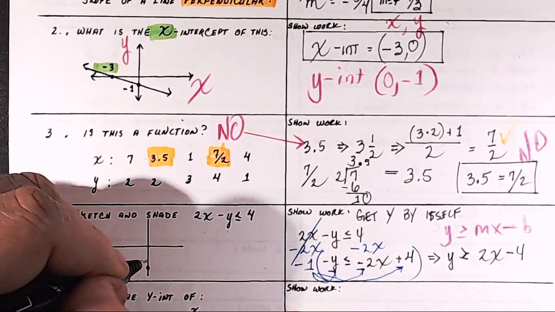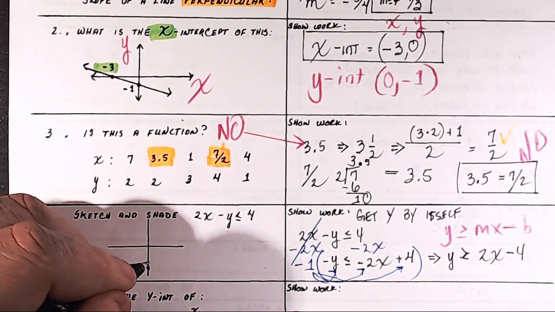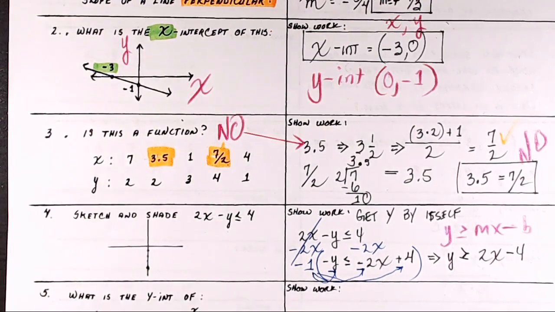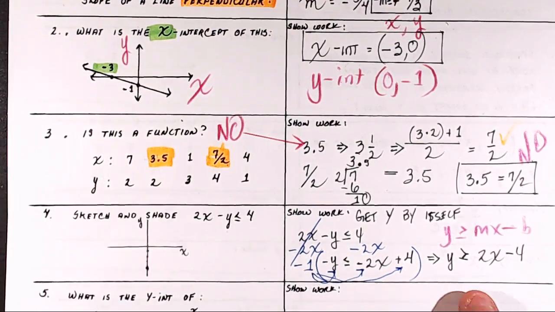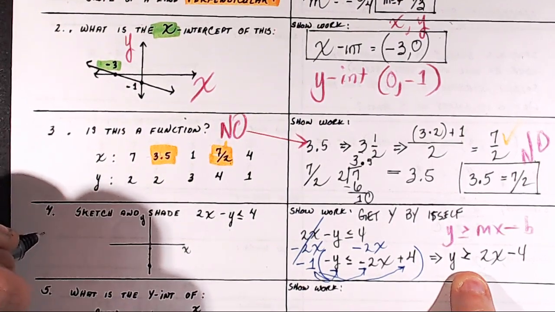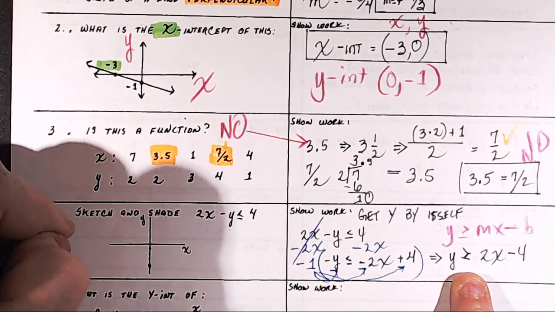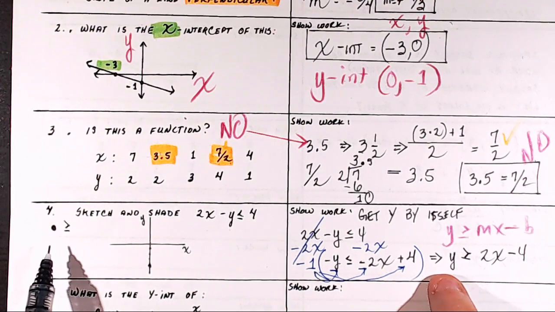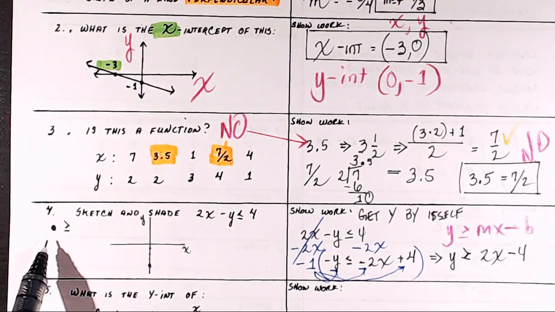So go up 2. If this is negative 4, that's negative 3, negative 2, negative 1. So I make a little scale. This is y and this is x. And this is greater than or equal to, so I can put colored in dots. A colored in dot is going to be greater than or equal to. If it had been just greater than or less than, and it didn't have this line, we would put an open dot.